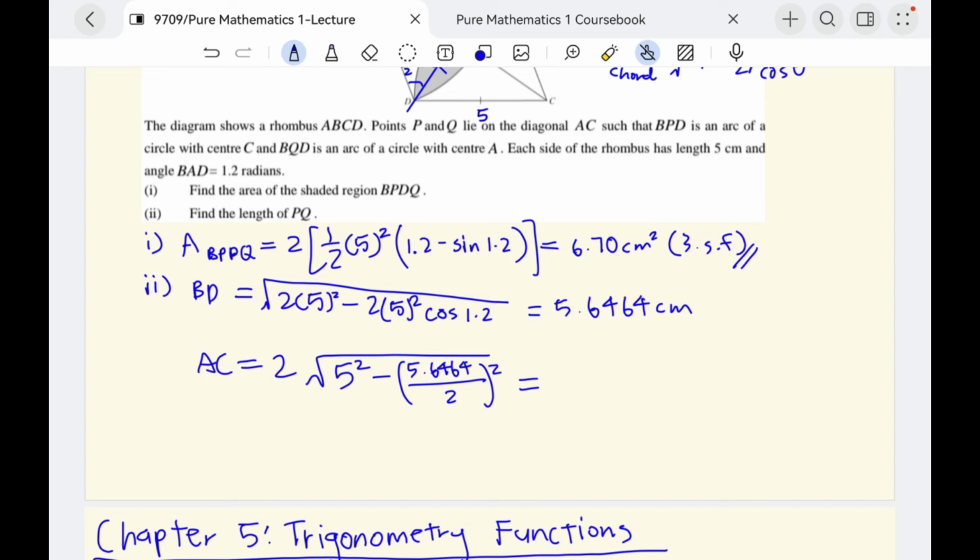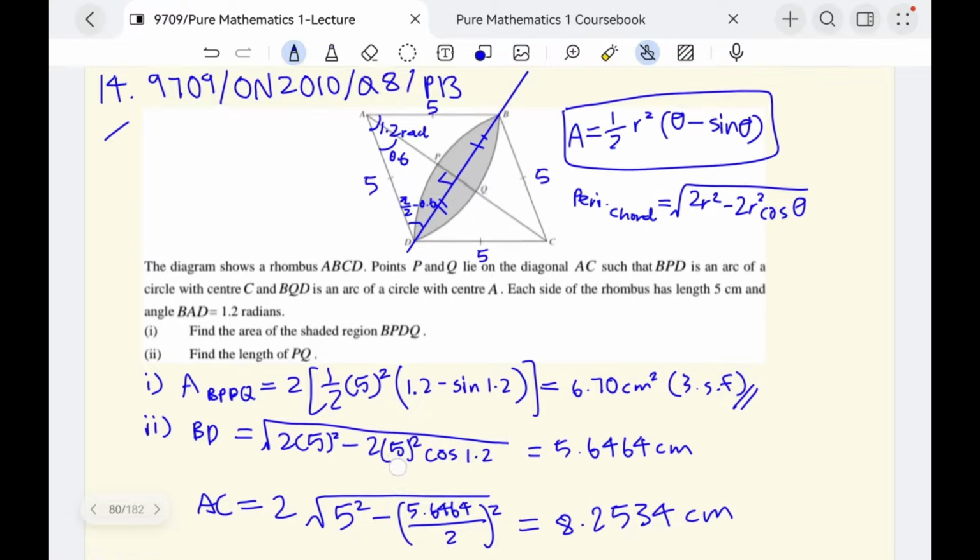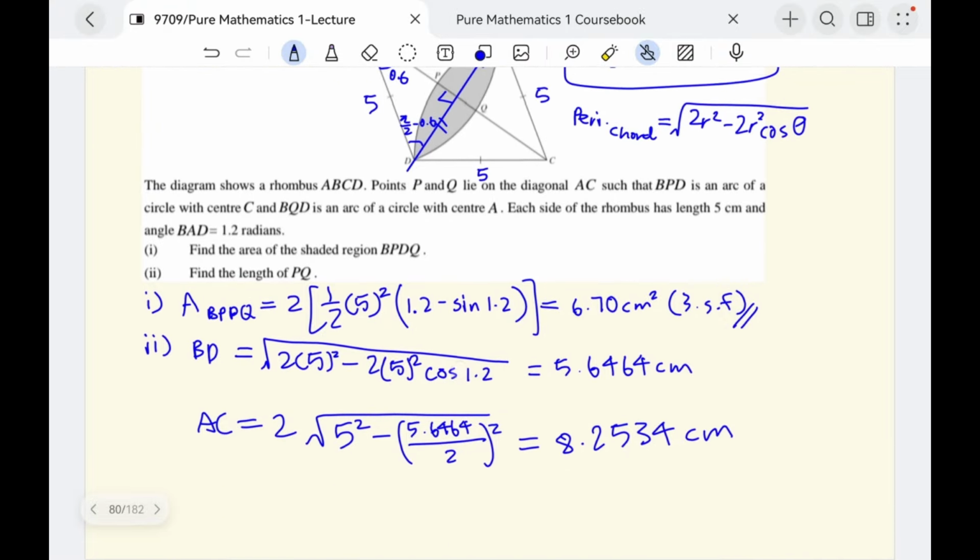So by right, your length of AC is 8.2534, in 5 significant figures.